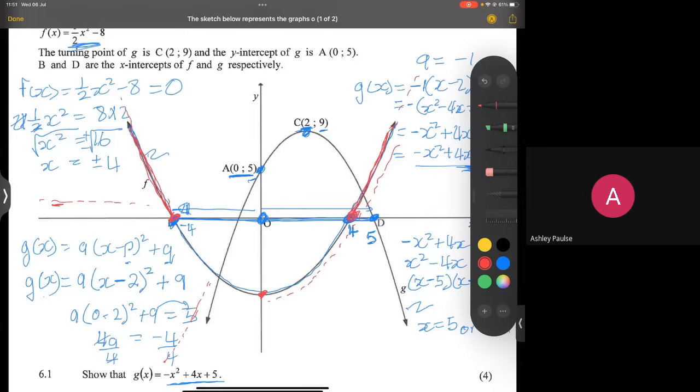So where is it increasing? From negative infinity up until this point here. Okay, it's increasing there, right?